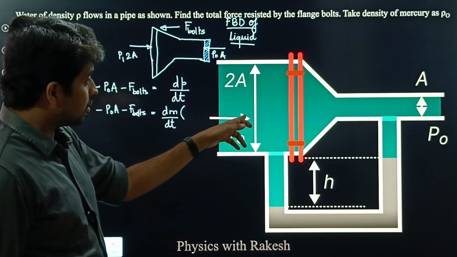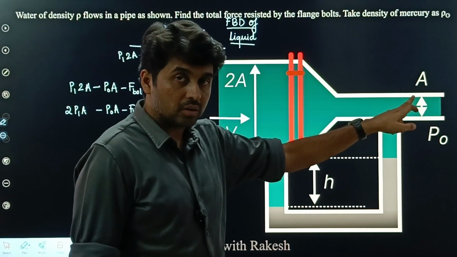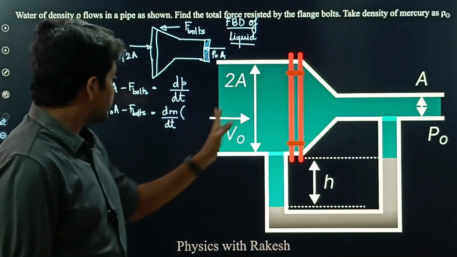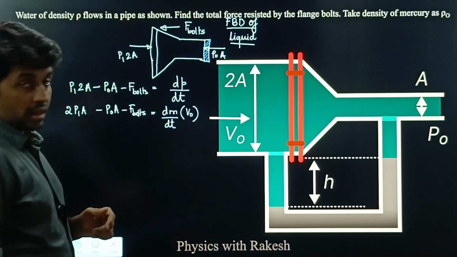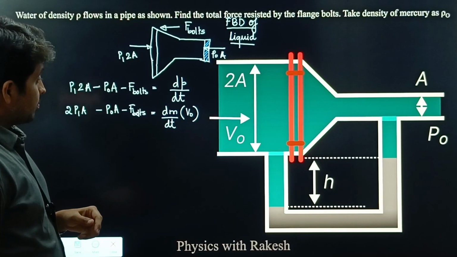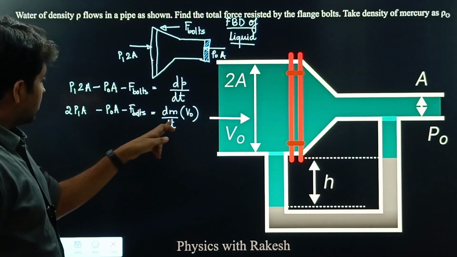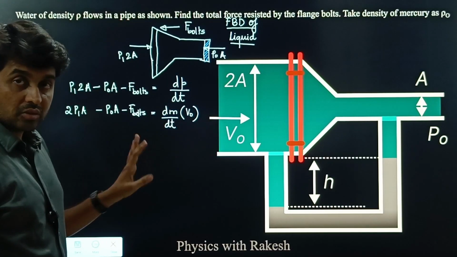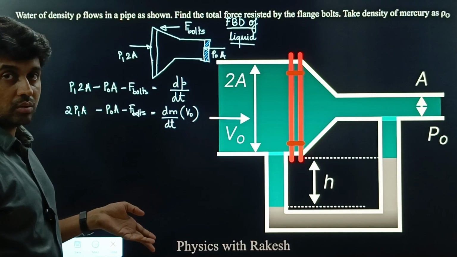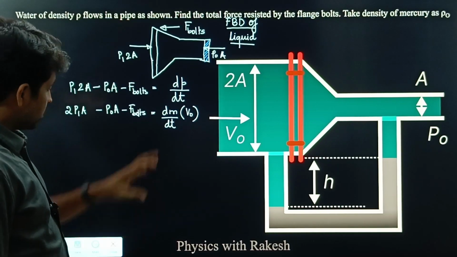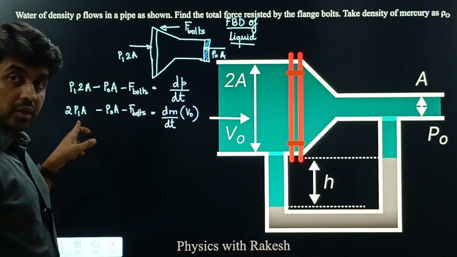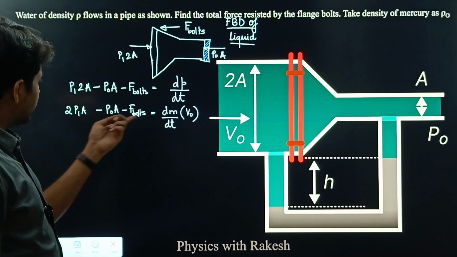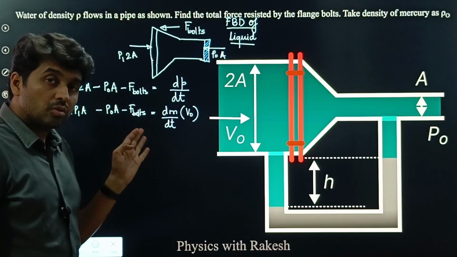Here if the velocity is v0, here the velocity will be 2v0. So 2v0 minus v0 will be v0. Now, dm by dt is nothing but the mass flow rate. Mass flow rate is rho into A into v. So this part we know. We don't know what P1 is. We need to find P1. Once we find P1, we have the force due to the bolt.